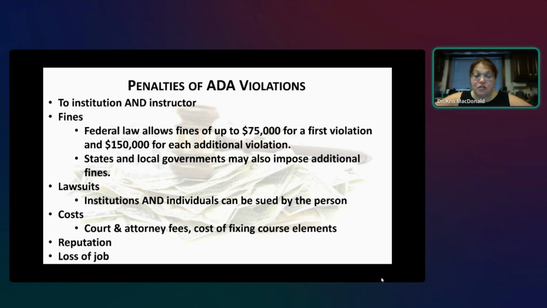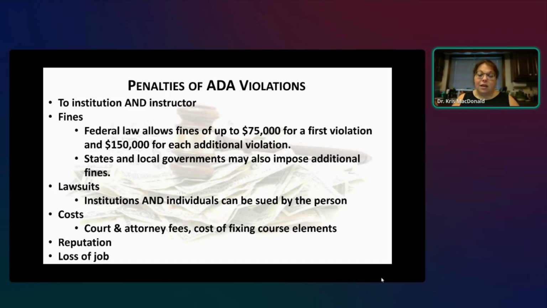So just federally, and again, this is in the United States, it's $75,000 for the first violation. For the first, there is no, oops, sorry, give me 30 days to fix it. No, there is no wiggle room with the ADA.